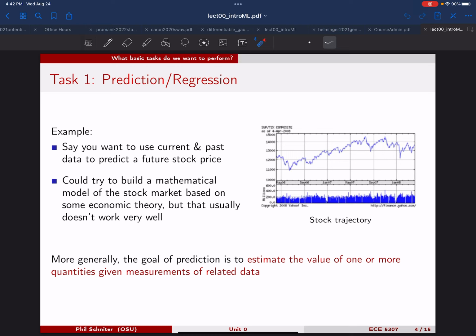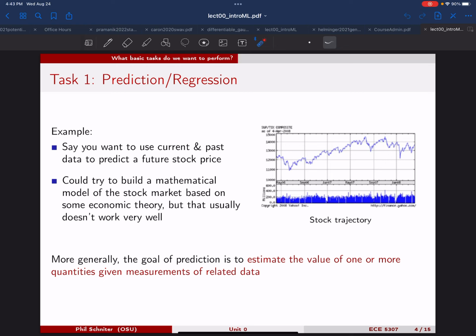So now the question is, okay, how are we going to do the prediction? Once we have this data, we know what our task and goal is. You could say that there's a classical approach, which people would have used 50 years ago, which is that you have some expert who says they understand stocks and the economy. They have this kind of special knowledge.